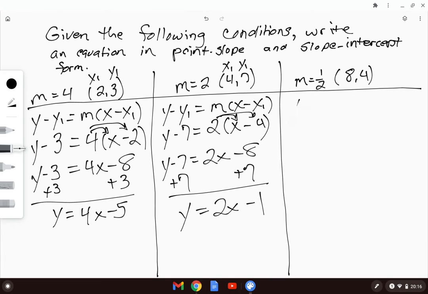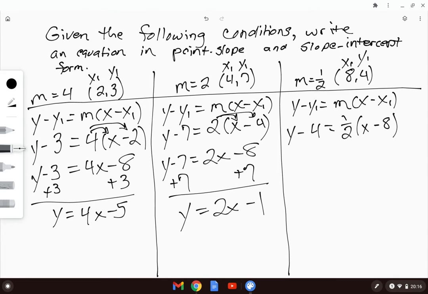So then for my final one, y minus y1 equals m times x minus x1. The slope of 1/2 times x minus 8.